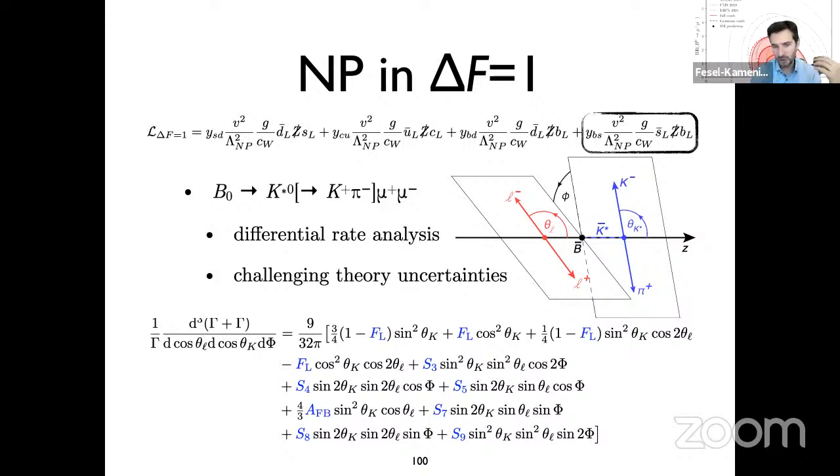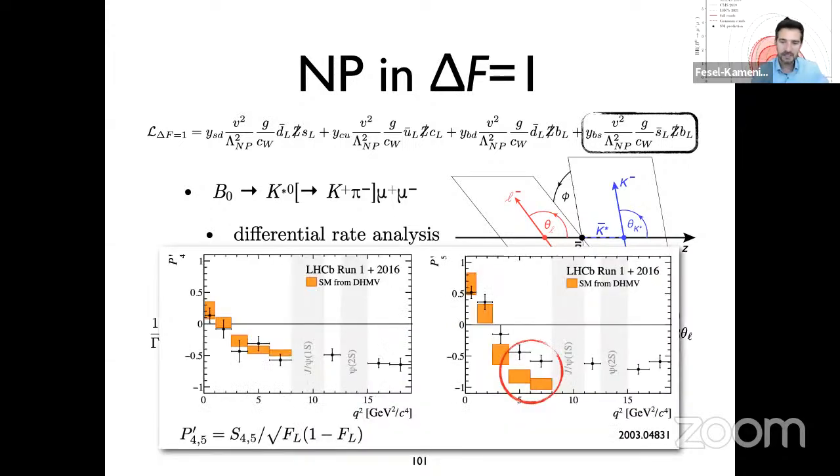And while there are challenging theory uncertainties, and there is an ongoing discussion of those, what is intriguing is that in the past decade, there have been some intriguing persistent deviations in some of these observables appearing when compared to the most recent standard model predictions using techniques to try to address these hadronic uncertainties in these decays.